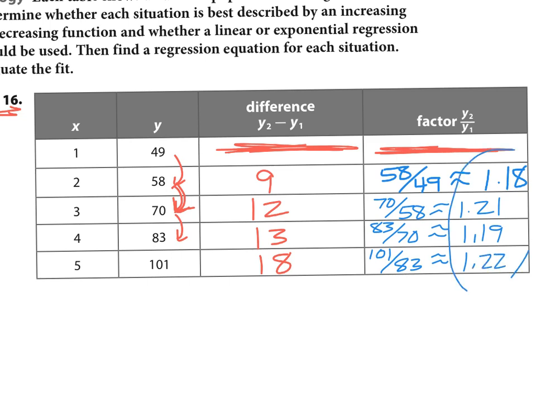Because these are bigger than 1, it indicates it's going up. Now, which one's the best fit? If you look at our exponential ratios, those values are much closer together than the differences. If it were linear, those would all be like 9, 10, 9, 9, 10, 9, basically the same thing, but you see those values are constantly increasing.